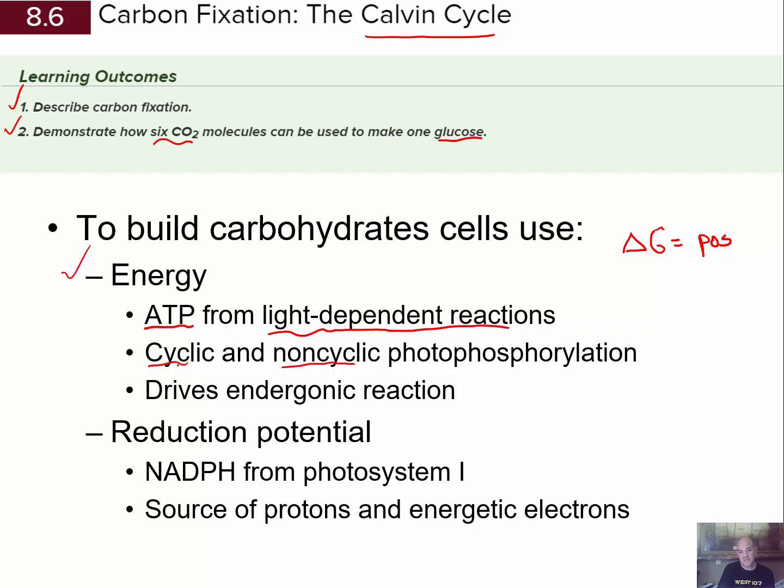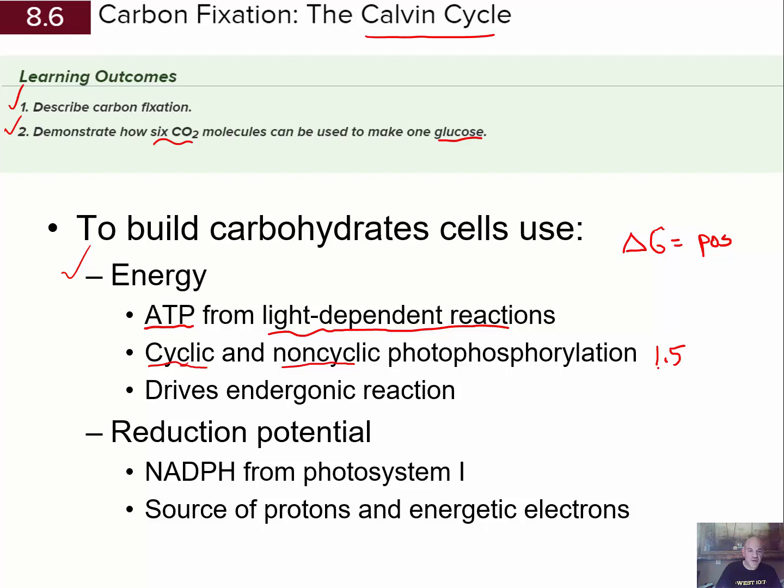Remember, in the cyclic one here, the photosystem is going to be short-circuited, so electrons are brought back after being excited at photosystem 1, so that we can create an even bigger hydrogen ion gradient within the thylakoid, so we can generate more ATP. In fact, 1.5 times more ATP is needed than NADPH for this process.